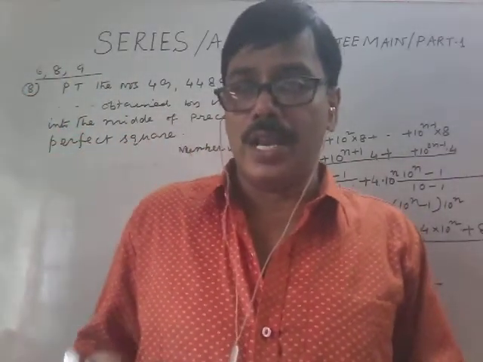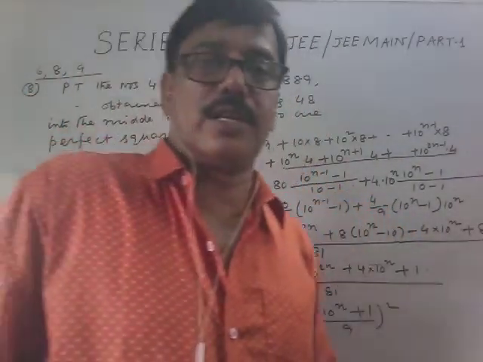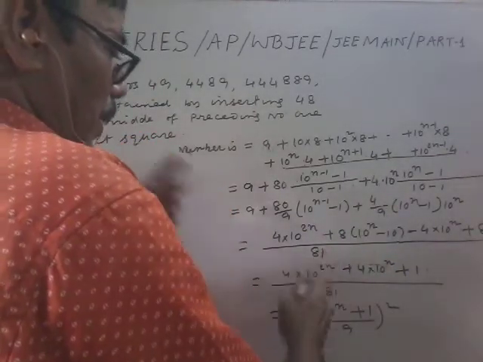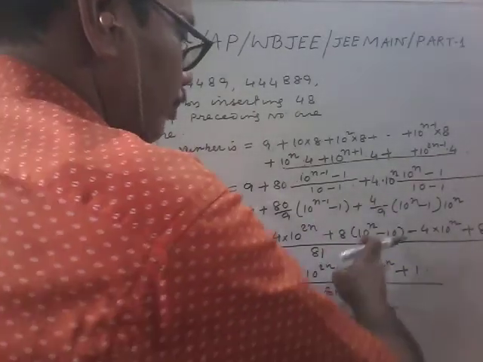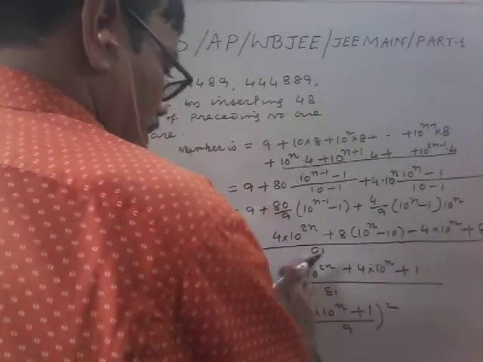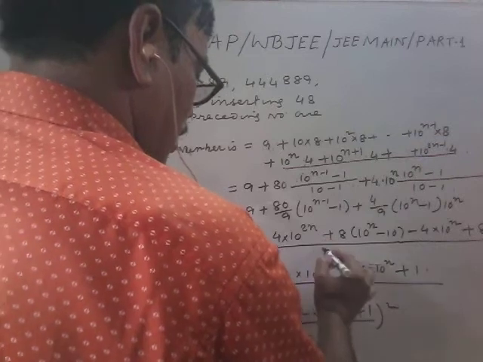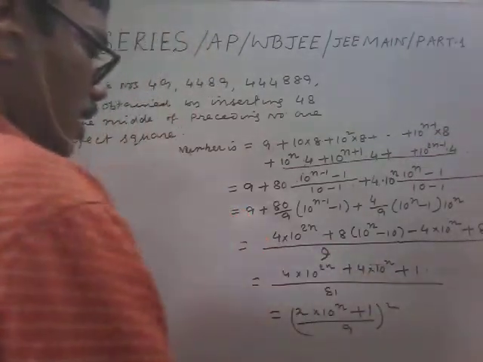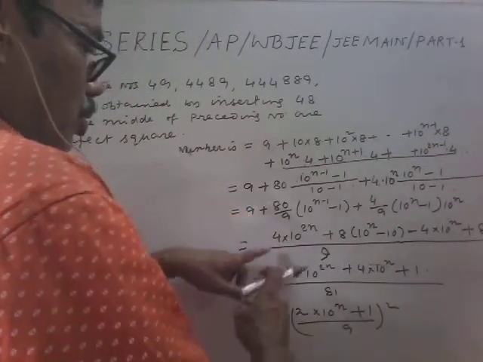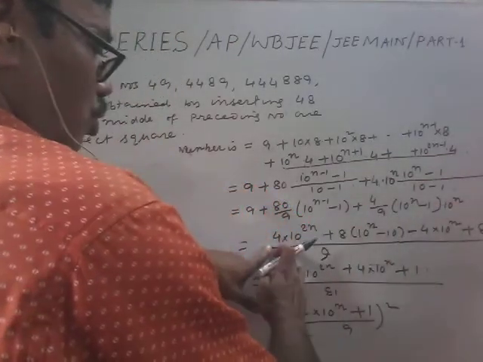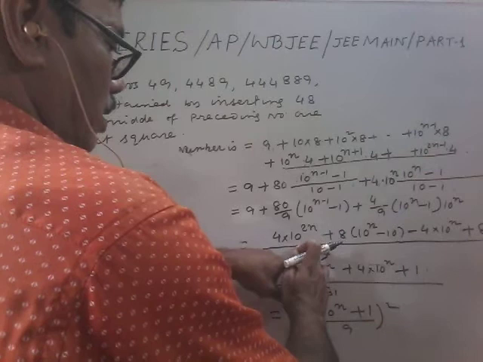Now our main aim will be to express it as a sum of two squares. So 9 is the LCM. Look, 4 into 10 to the power n into 10 to the power n, so 4 into 10 to the power 2n.